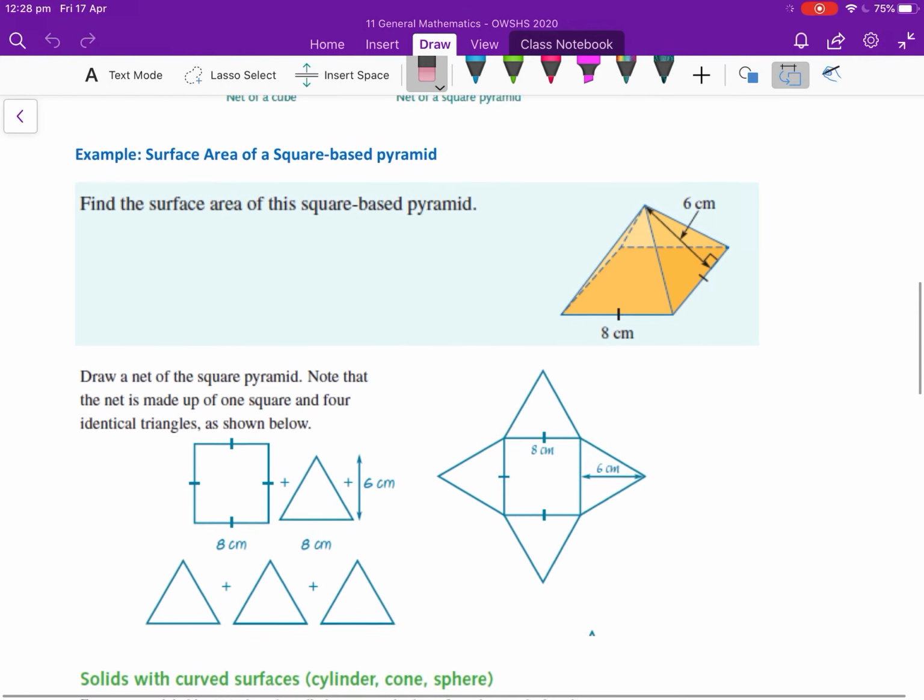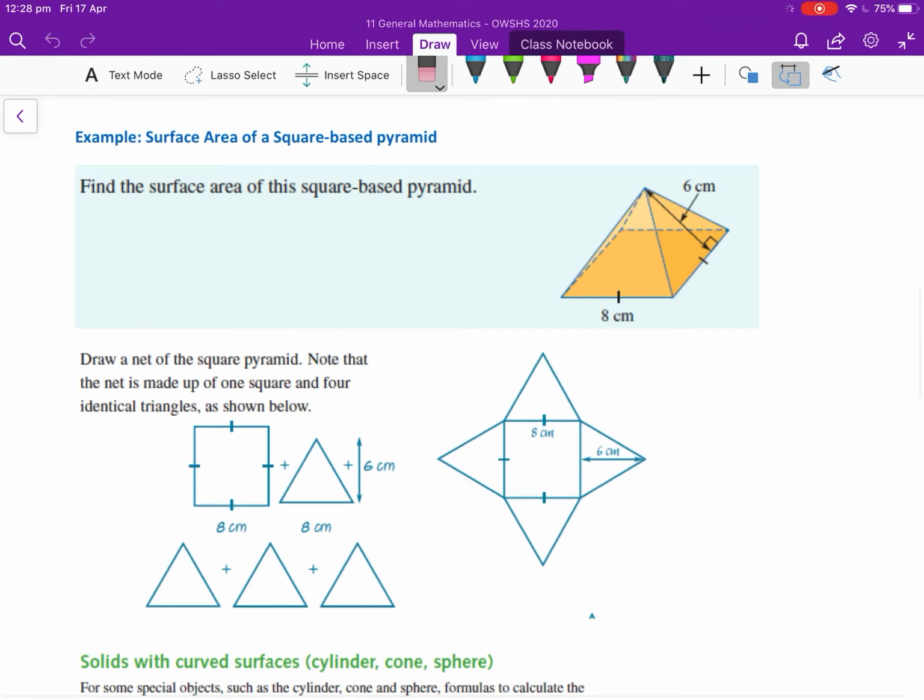So our first example is a square-based pyramid. It's quite important to draw the net just so you can visualize exactly what the shape looks like.